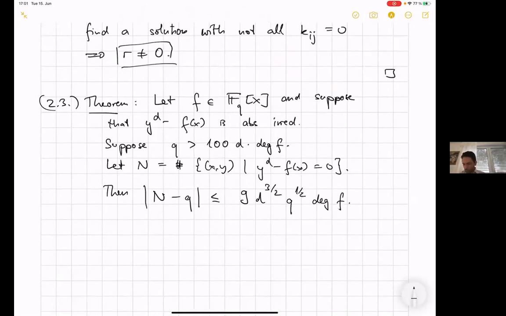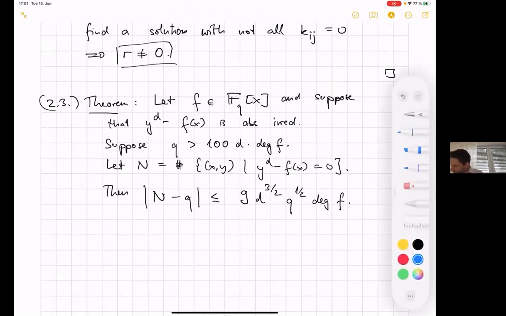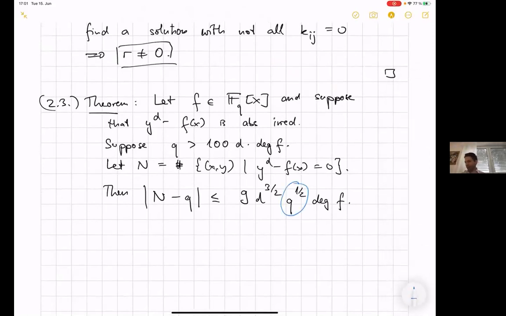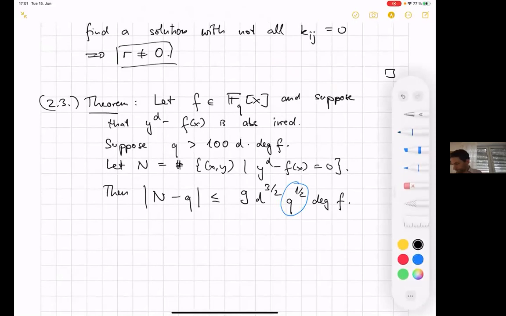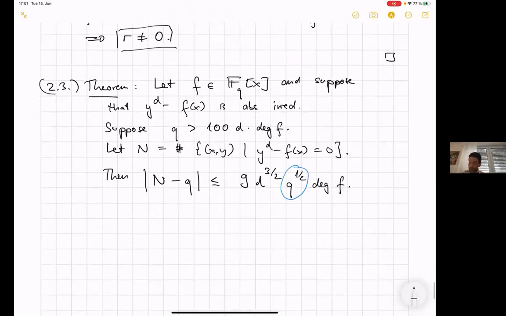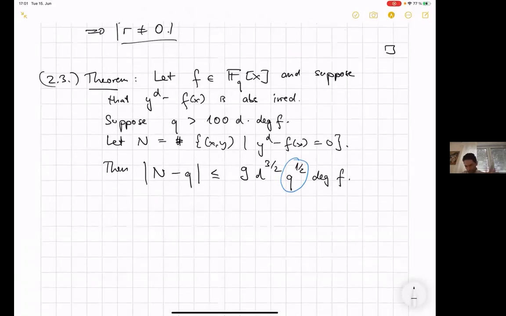And you can ignore for now all the constants. The only interesting fact is the q to the 1/2. We will later need another trick to get rid of all the other constants and make this uniform. For now, we don't care about uniformity, we only care about q.